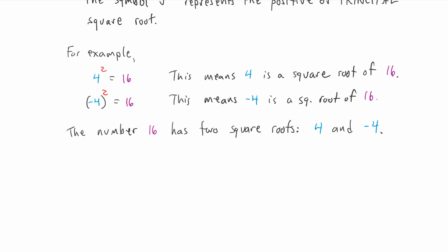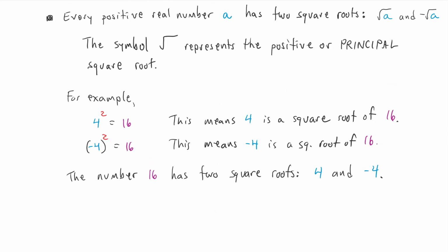So every positive real number, such as 16 was the example I did, has two square roots, a positive square root and a negative square root. But the positive square root is called the principal square root, and we have a symbol for that. So if you want the positive square root, you use that symbol.